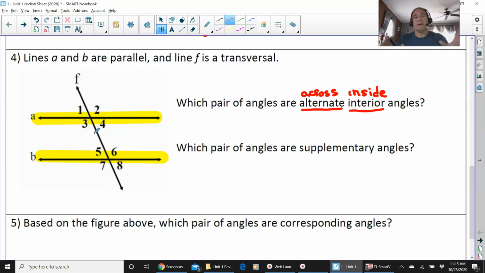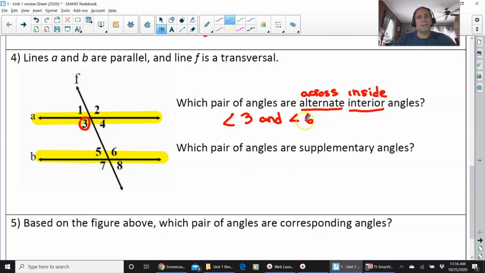So you can't pick a number that's outside, like angle 1 or angle 2 or angle 7 or angle 8. You can't pick any of those angles. Those are all exterior angles outside the parallel lines. So a pair of alternate interior angles, 3 and angle 6.